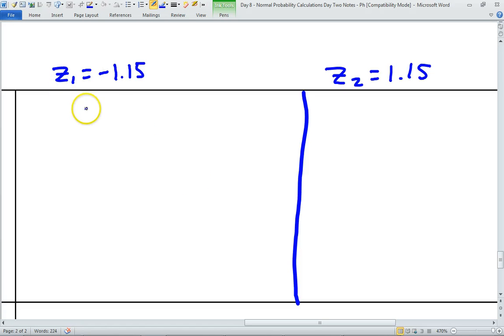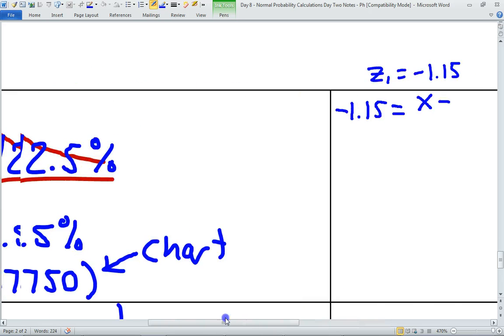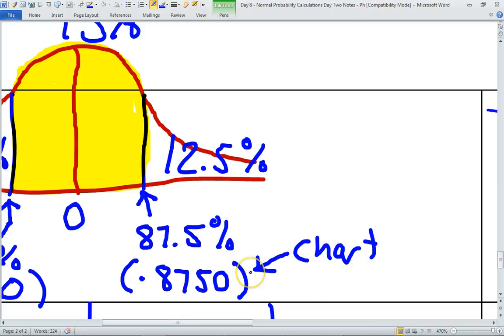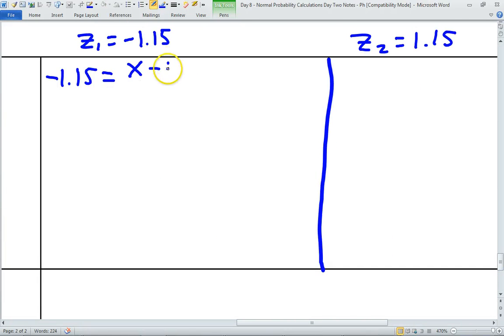We'll do one conversion with the first z-score of negative 1.15, and then we'll do it separately for the second value of positive 1.15. Let's start with this one. Remember, the z-score, negative 1.15, should always equal the normal value minus the mean, which in this case was, what is it, 170? Yeah, so 170 divided by the standard deviation, which was 30. So I just need to solve this, and that'll be my first value.